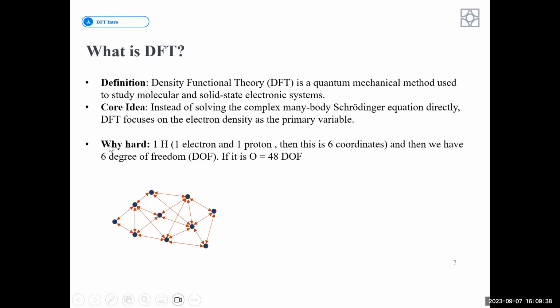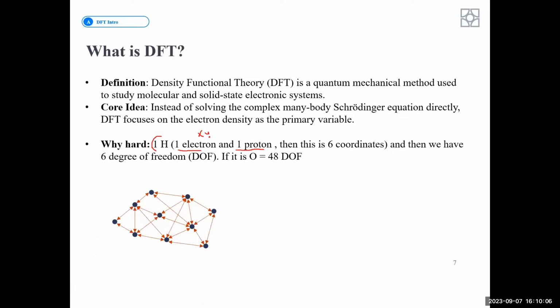But again, why is it really hard to solve the Schrödinger equation? Solving the Schrödinger equation is really only possible if you are dealing with a single atom like hydrogen, because hydrogen has only one electron and one proton, okay? So we have only one electron and one proton in a single hydrogen atom. Every electron or proton has three coordinates.